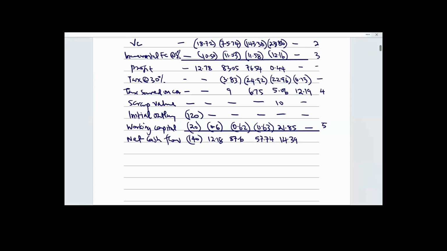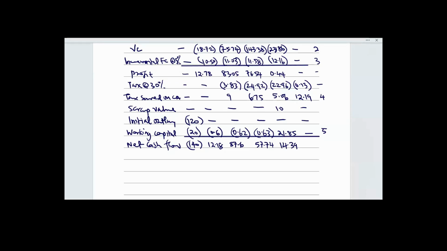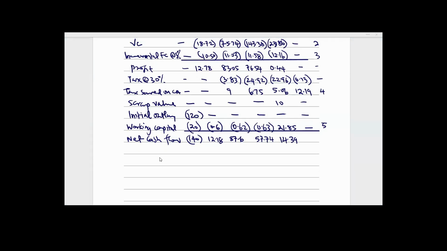Then year 5, 0.13 minus 12.19. That will give us 12.06. Here is 12.06. So this is our net cash flow.